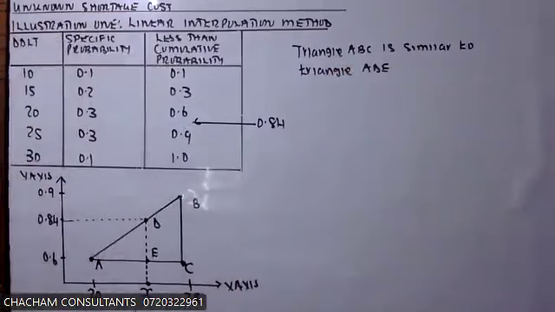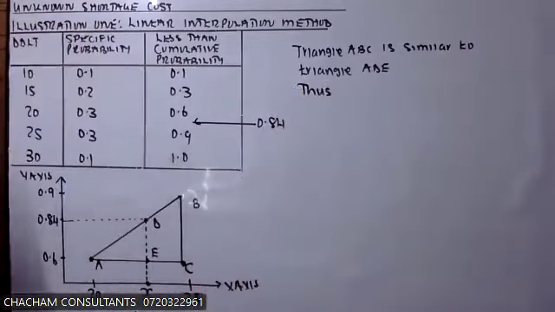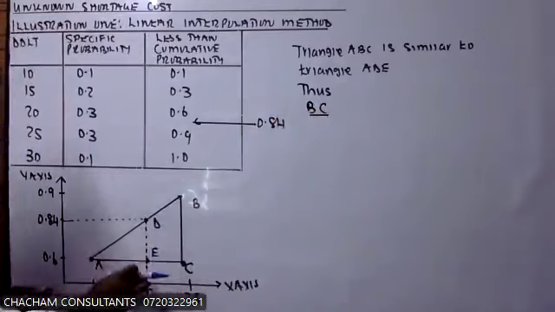Yeah, it's similar. It's only size. And thus, if we get the sides that are known, this BC, you divide by this other one, the corresponding DE.